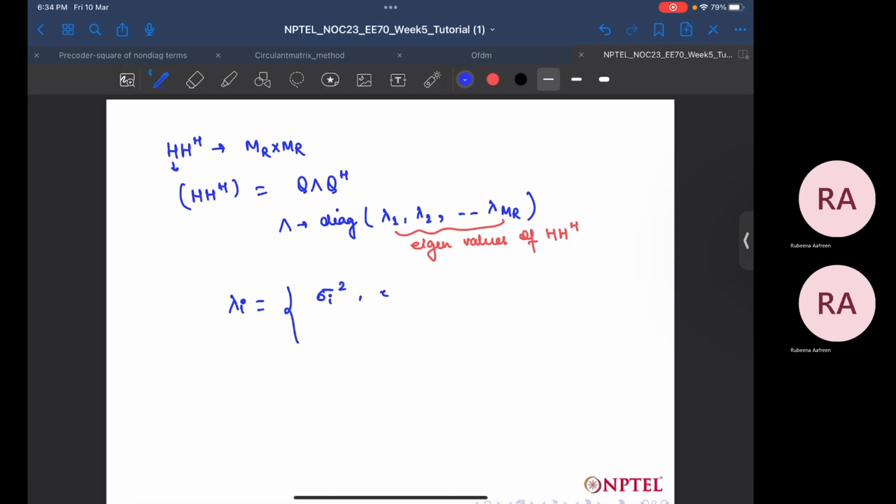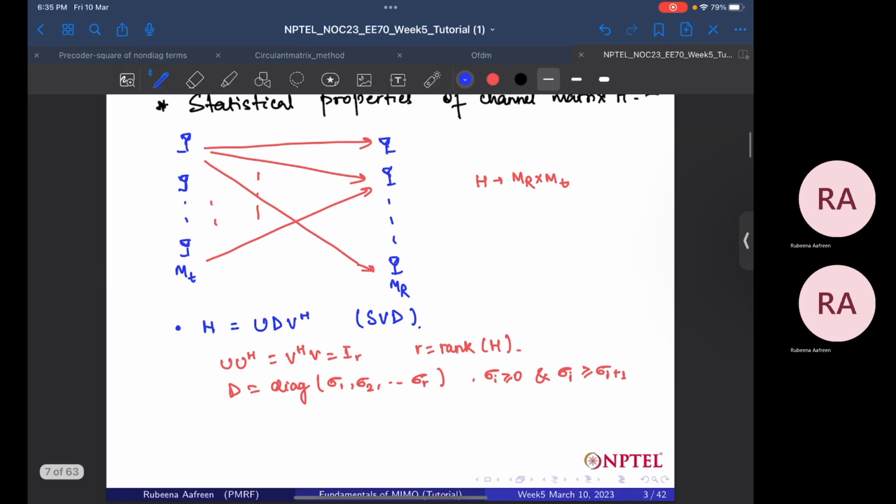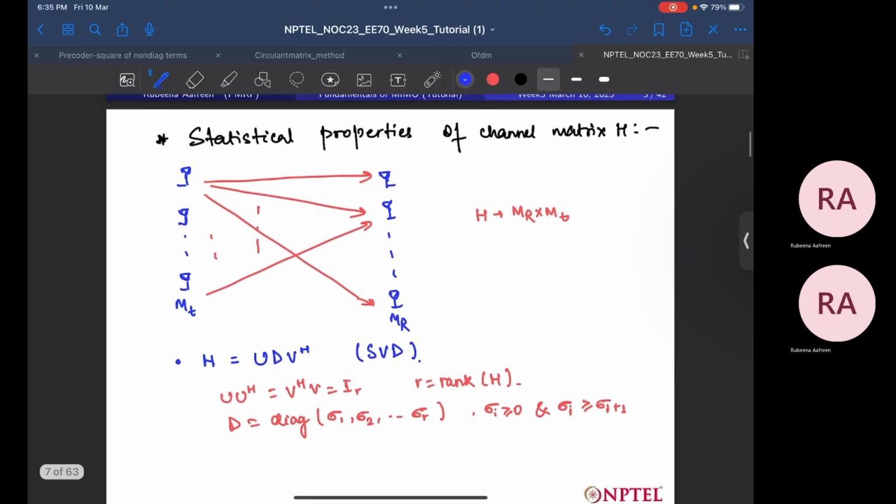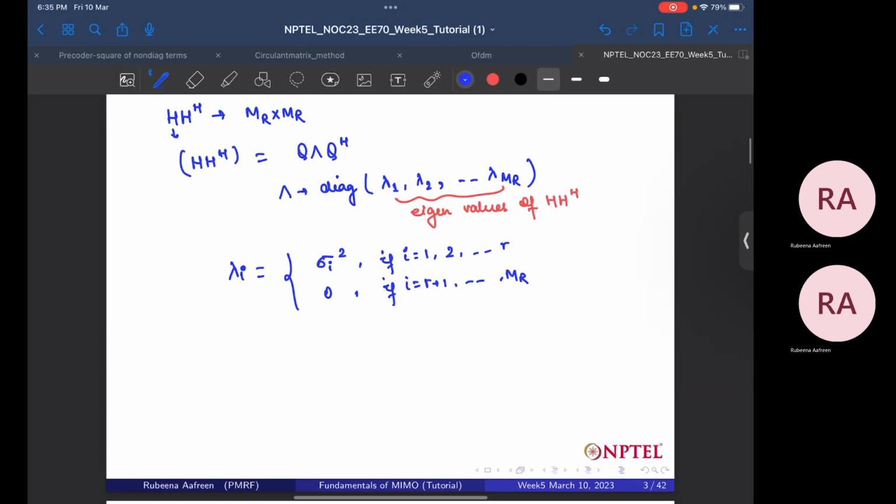Okay, and this is true only if i is from 1 to R. After that it is 0. Okay. So essentially the ith eigenvalue of H H Hermitian is equal to the square of the ith singular value of H. So this is one thing.